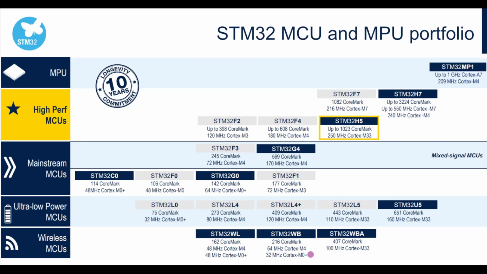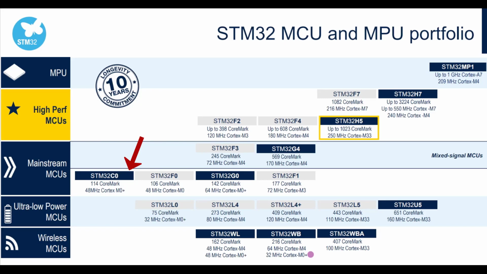So if we take a look at the left part there, we have the STM32 C0. That is their entry microcontroller, their lowest cost, the lowest performance, and actually aimed to be a replacement for the 8-bit family.